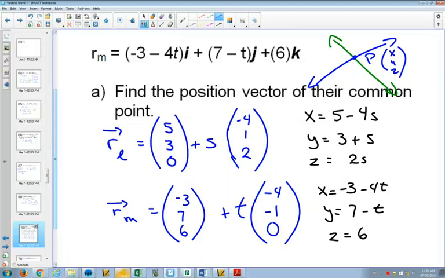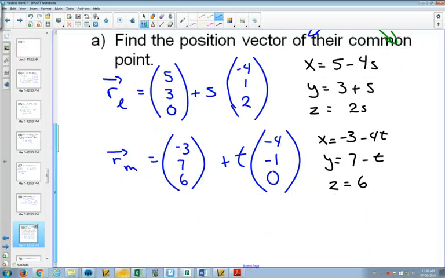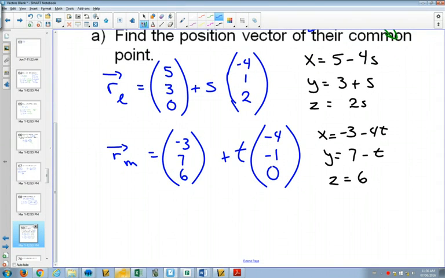Now, again, this is where we're going to use our parametric equations. We've got parametric equations for our x coordinates, our y coordinates, and our z coordinates. So that means that if the x coordinates are the same, then 5 minus 4s has to equal -3 minus 4t. If we just looked at the x coordinate, there's no way that we can solve this, because we have two things we don't know, s and t, and only one equation.